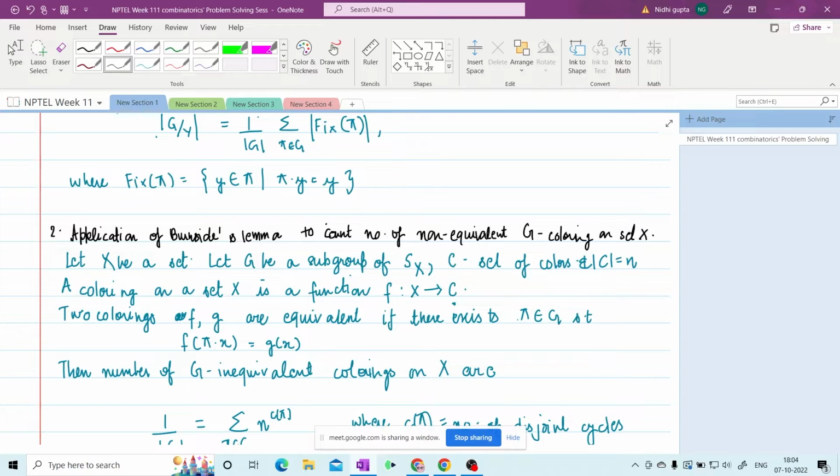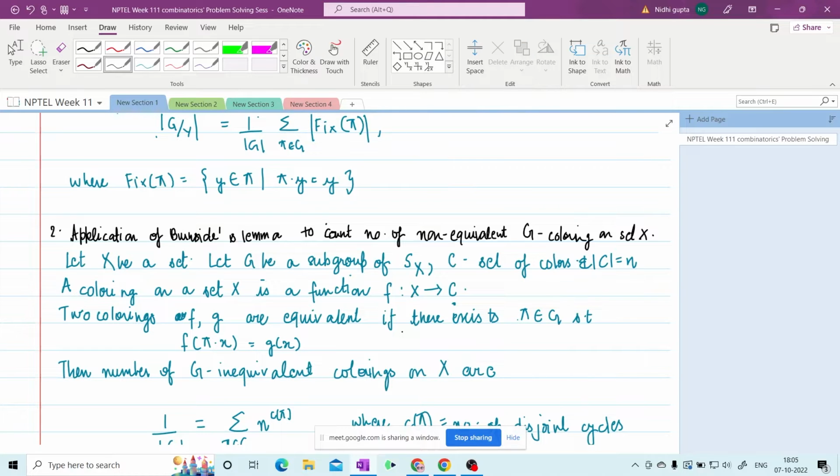Now we have a set X, and a subgroup of symmetries of X. Two colorings, two functions from X to C, will be called G equivalent if one can be obtained from the other after doing one of the symmetries in the group G. In other words, two colorings f and g are equivalent if there exists a pi belonging to G, that is a symmetry in G, such that f composed with pi is the same as g.